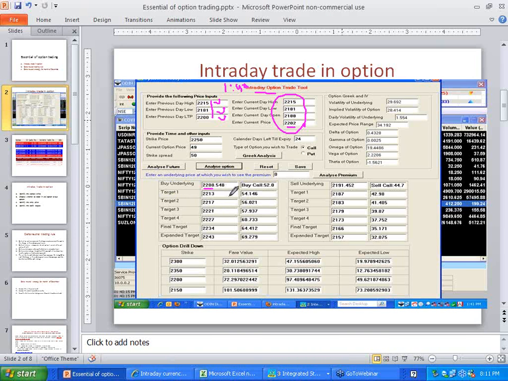So this says if SBI goes above 2,208 rupees 50 paisa, then my trend will be up. If it falls below 2192, then my trend will be down. Currently I am at a current price of 2,202. I am just 6 rupees 50 paisa away from the uptrend price.